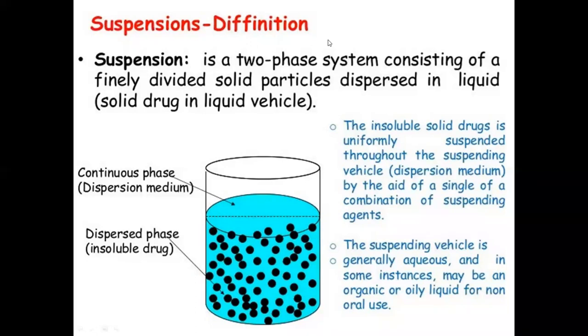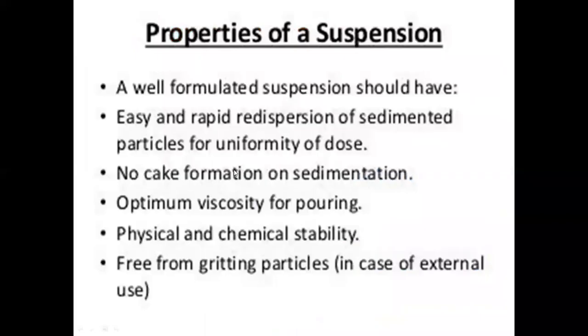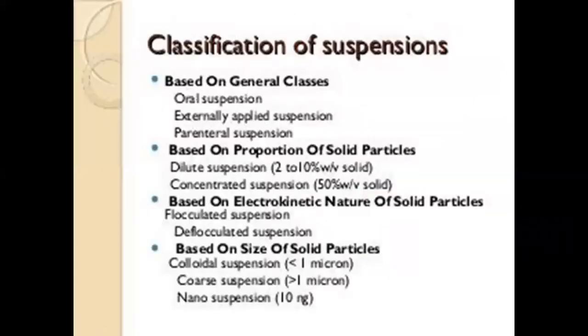The next point in the suspension is types, different types of suspension, that is classification, in which based on their general classes: oral suspension, externally applied suspension, parenteral suspension, ophthalmic suspension; based on the proportion of solid particles: dilute suspension, concentrated suspension; based on electrokinetic nature of solid particles: flocculated suspension and deflocculated suspension; based on size of solid particle: colloidal suspension, coarse suspension and nano suspension.